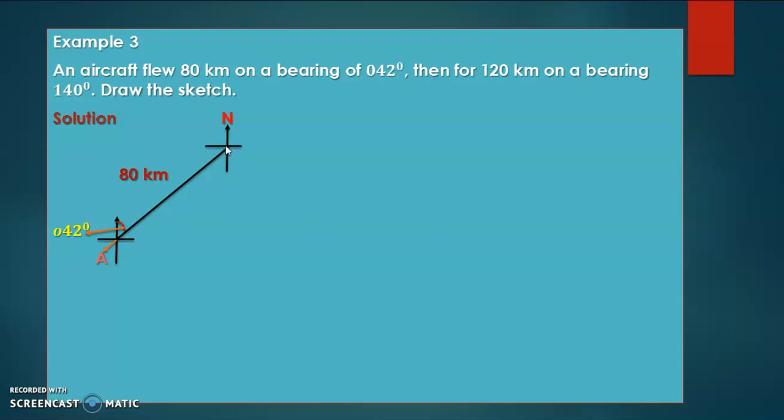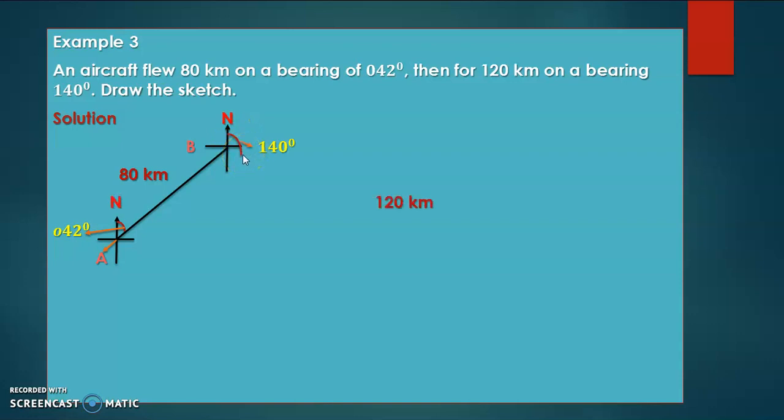So from this point, from our question, they say at this point now, the aircraft moves 120 km on a bearing of 140. So let's draw the angle for 140 at that point. So this is our angle of 140.